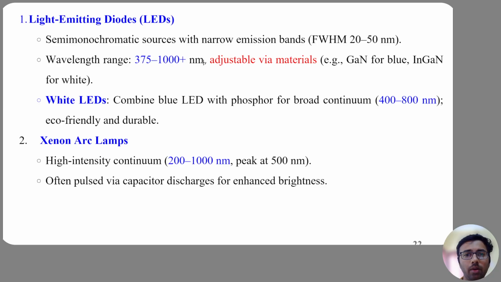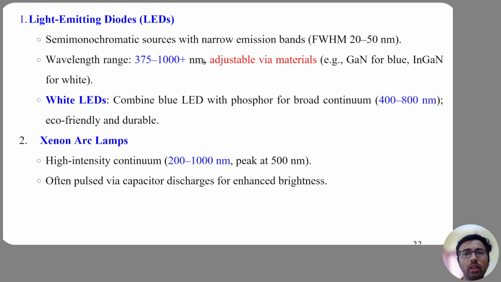They combine a blue LED plus a phosphor coating. The phosphor converts part of the emission into longer wavelengths, producing a broad spectrum from roughly 400 to 800 nanometers. These are increasingly used in portable spectrometers.